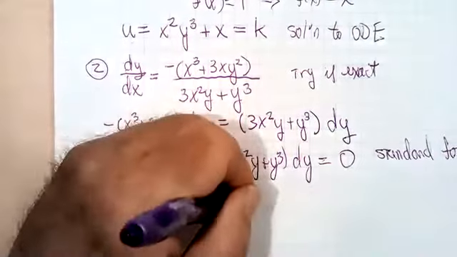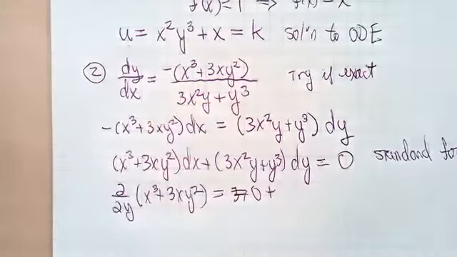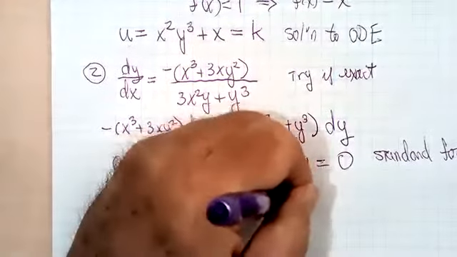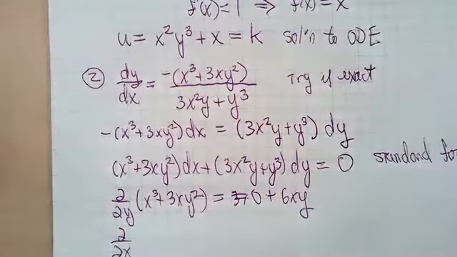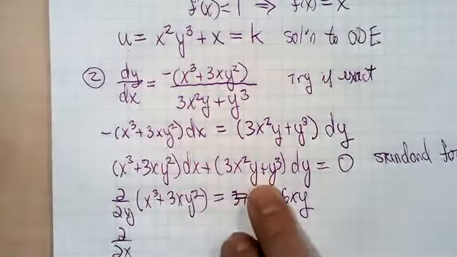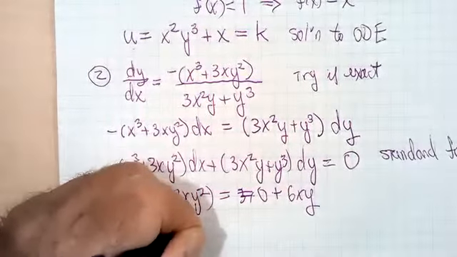And we get 3x squared with respect to y. We get 0 plus 6xy. And likewise, take the partial with respect to x of this factor up here, 3x squared y plus y cubed.